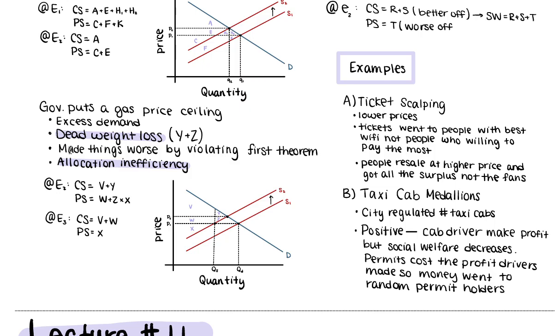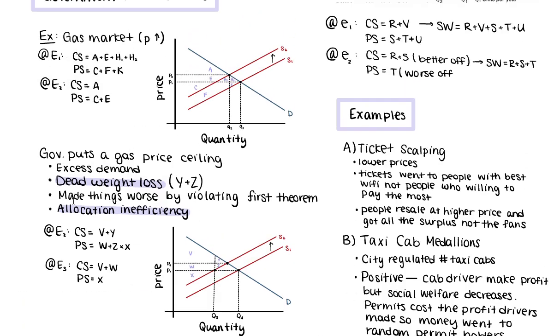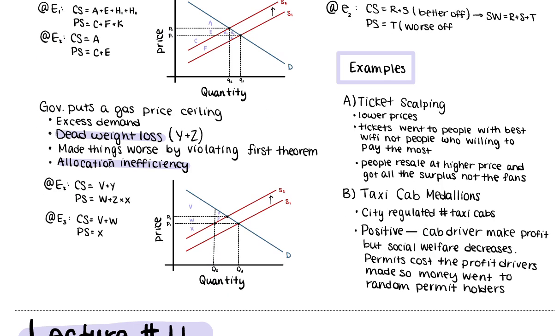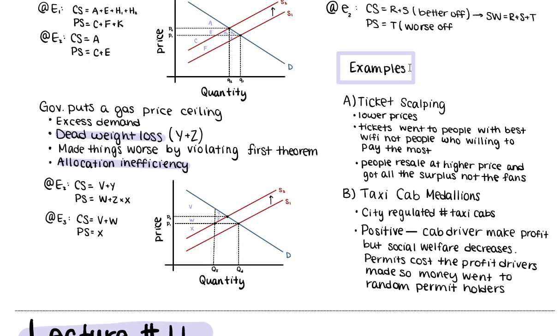So it made things worse by violating the first theorem. That means we cause some deadweight loss. The market knows best, but once the government intervenes, the market's efficiency decreased, and with allocation inefficiency, the total social welfare decreased.